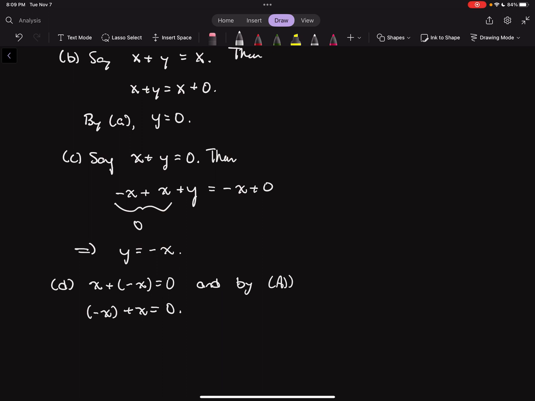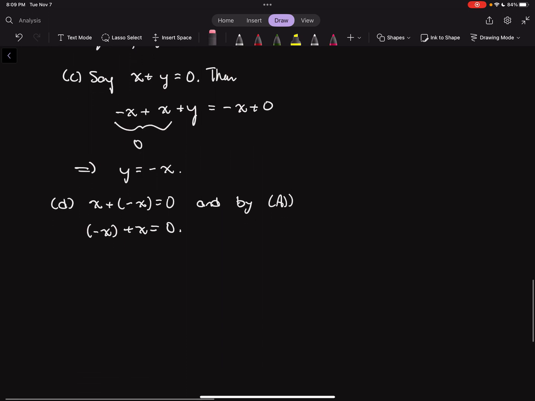And this kind of suggests to us a symmetry in this definition of additive inverse. Because what we can do, we can actually read this definition with x and negative x mentally interchanged. And this shows that x plays the role of additive inverse for negative x.